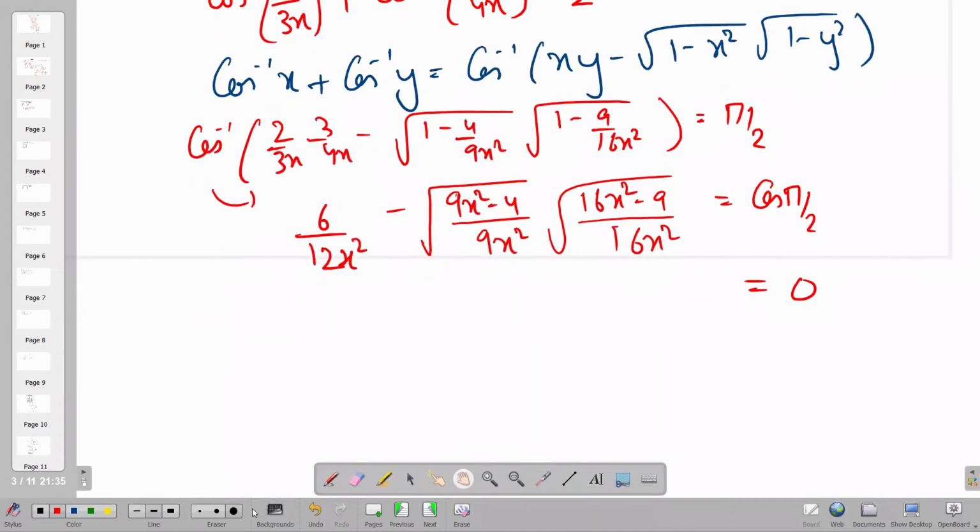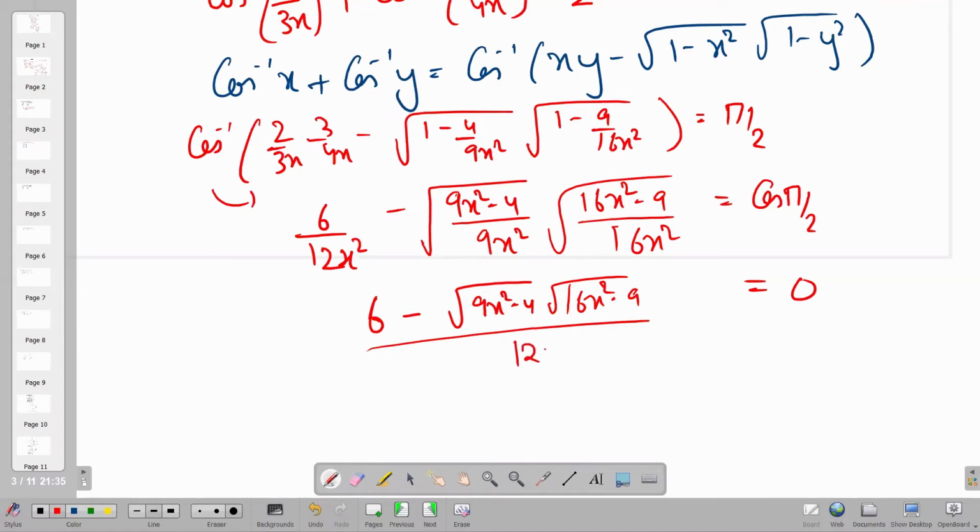Further solving, I get 6 upon 12x square, and here I get 3x and 4x, that is 12x square is my LCM, so I can just write this as 6 minus root of 9x square minus 4 into 16x square minus 9 upon 12x square.